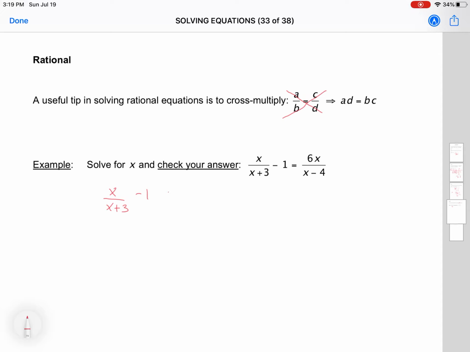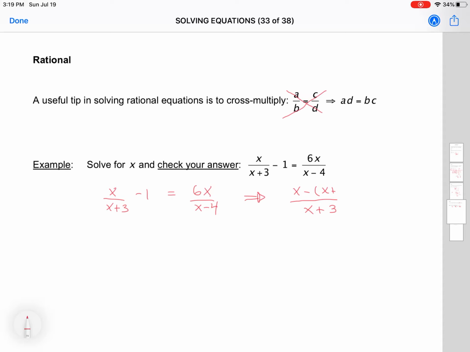I have x over x plus 3 minus 1 is equal to 6x over x minus 4. A common denominator on the left side looks like a decent idea.